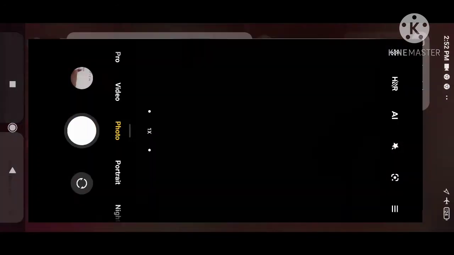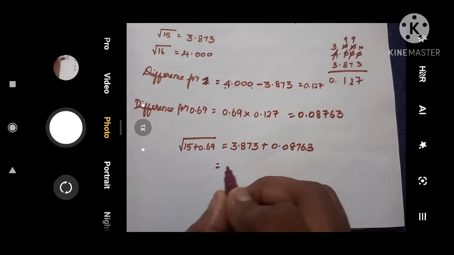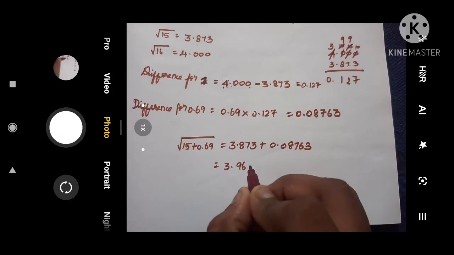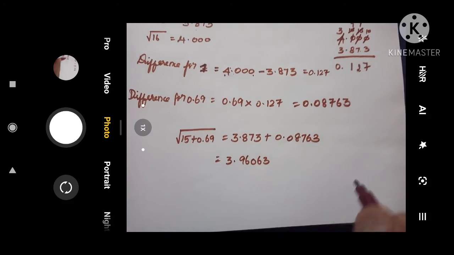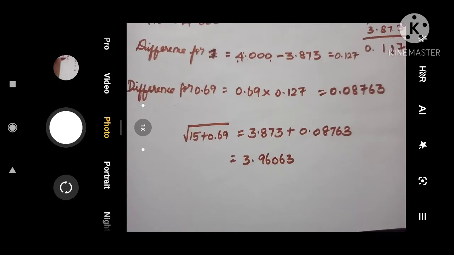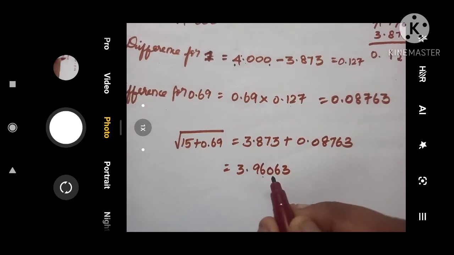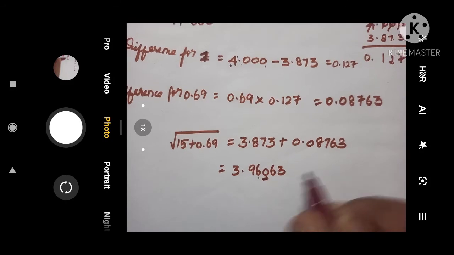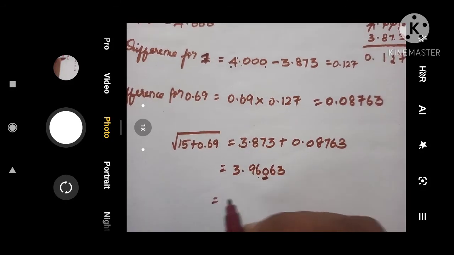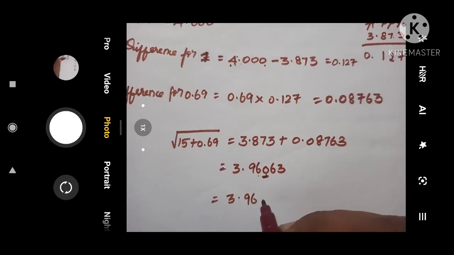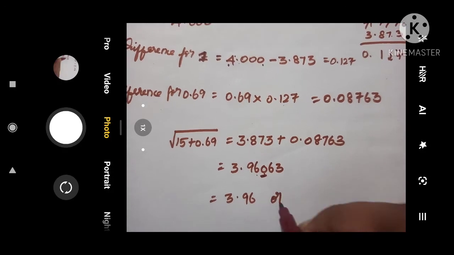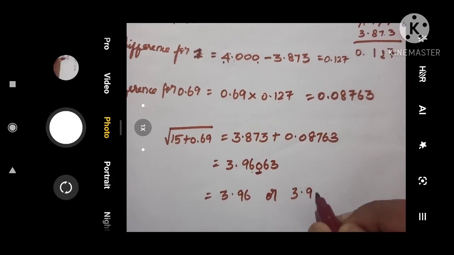3.96063. So you write 3.96063. So we need to end the solution up to 3 decimal places. 1, 2, 3. Okay, so you can write approximately, this one is 3.96 or 3.961.